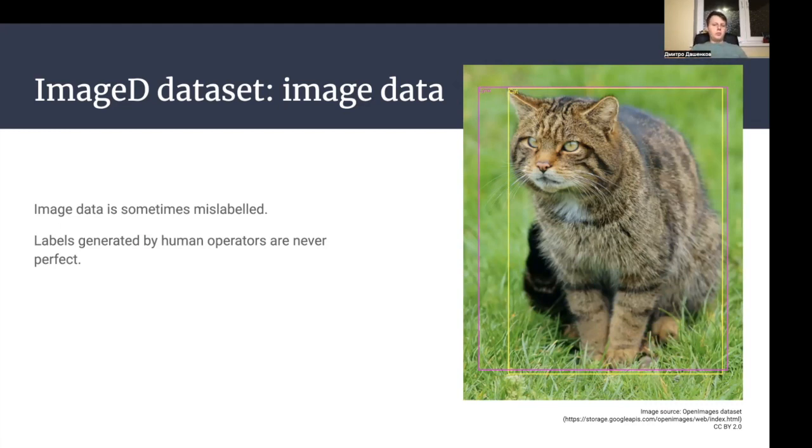But as we know, human operators, like any humans, aren't perfect, and the labels generated by human operators aren't perfect either. As you can see on the slide, this animal is marked as both a cat and a lynx. One of those is obviously a mislabel, which is not ideal for a machine learning model to have, such noise in the input data, which is supposed to be raw and clean.